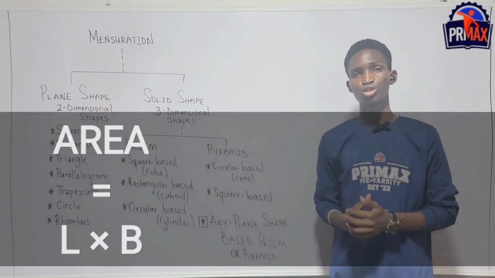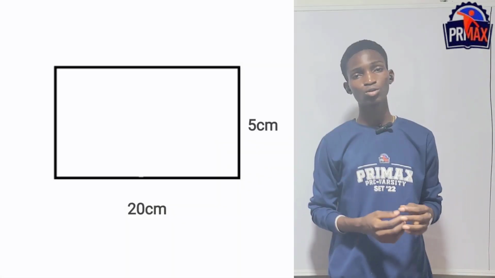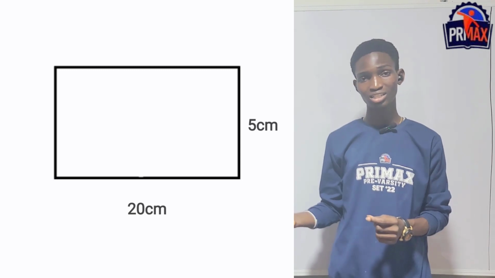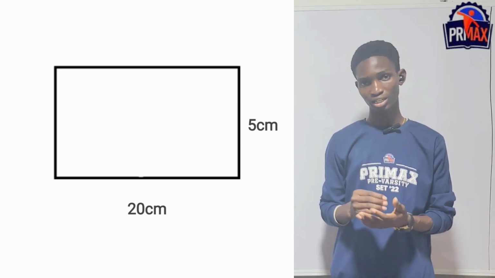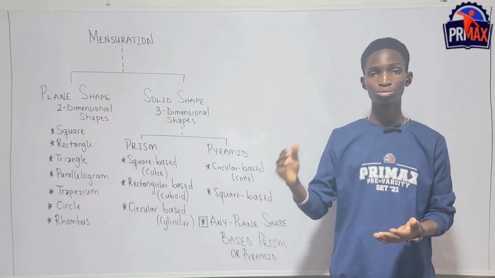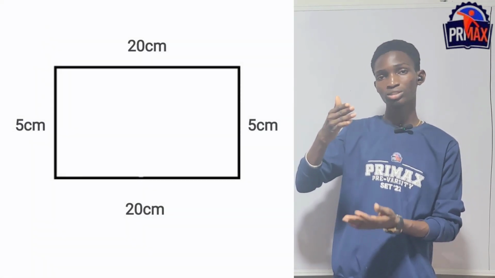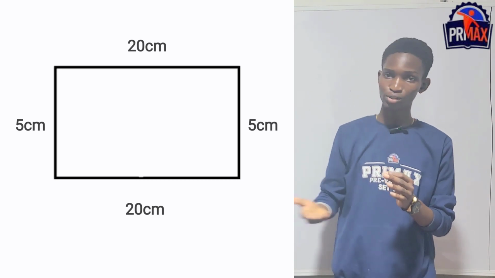So for instance, if we have a rectangle with a length of 5 centimeters and a breadth of 20 centimeters, what is going to be the perimeter of this rectangle? Remember, we said the perimeter is what? The distance around that object. So we have a 5 centimeter going upward, then we have a 20 centimeter, then we have a 5 centimeter, then we have a 20 centimeter.